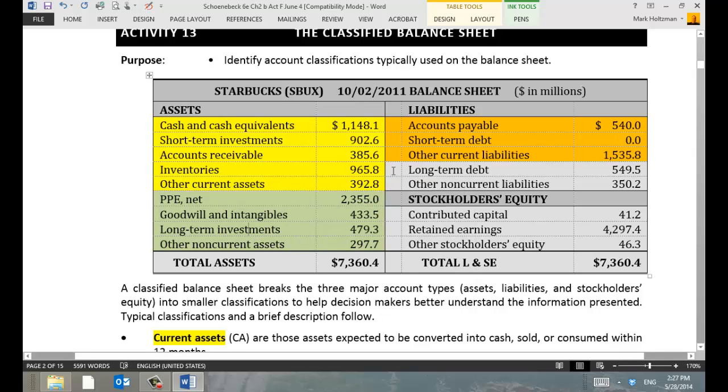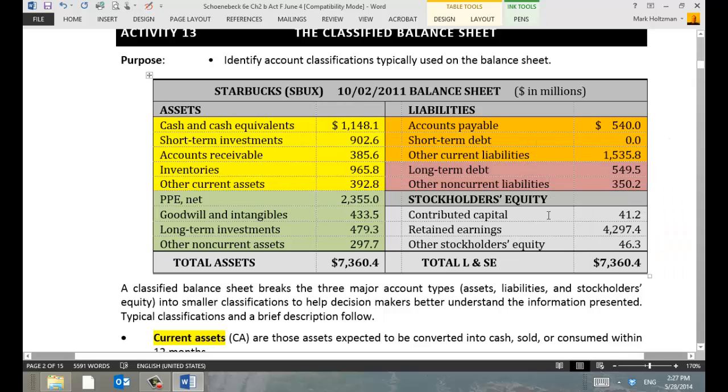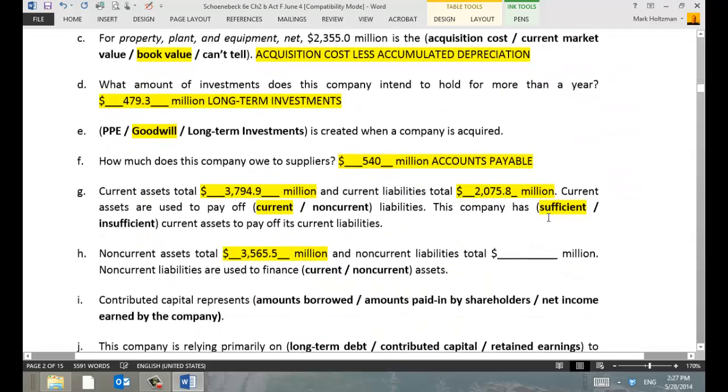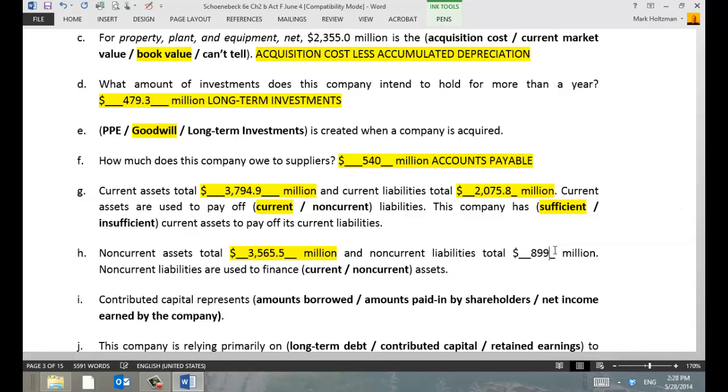And non-current liabilities are these items over here. And they add up to how much? 899.7.